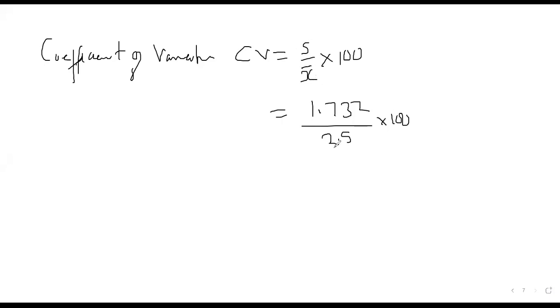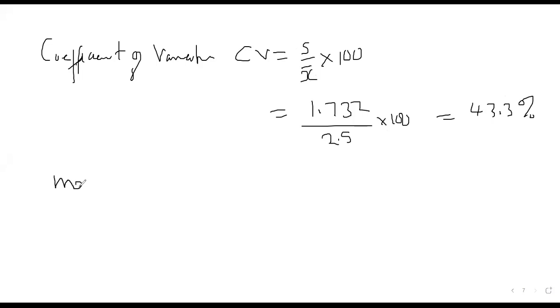You can leave it as a percentage or as it is. So it gives you the percentage of dispersion, okay, which is 43.3%. That is how we find our coefficient of variation.